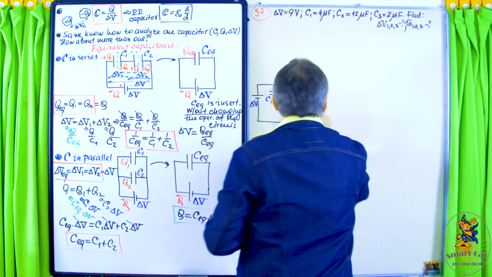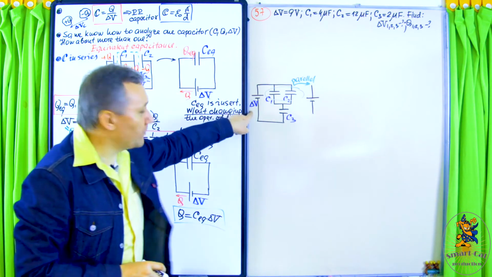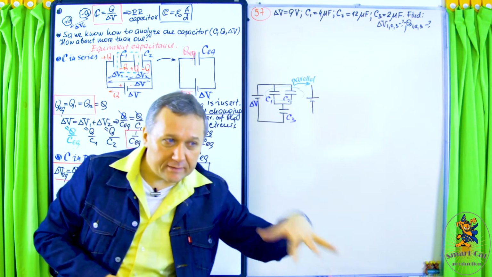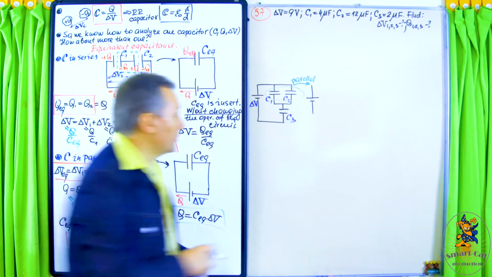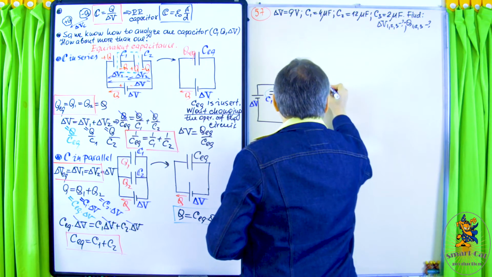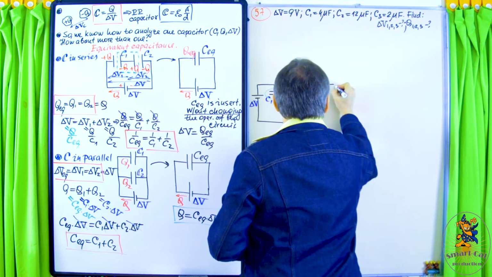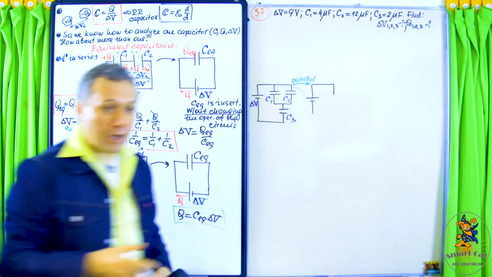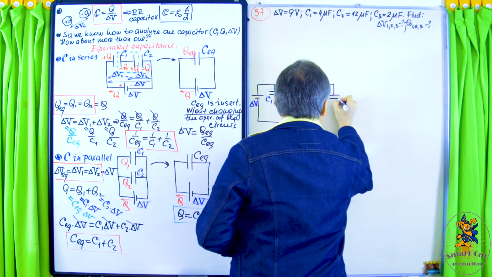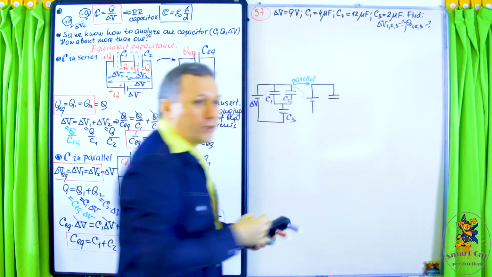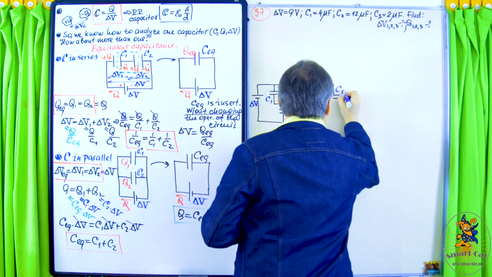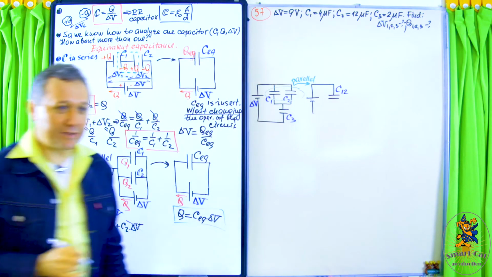Again, the rest of the circuit, in this case the battery and that capacitor, must work in exactly the same way. So we replace C1 and C2 with the first equivalent capacitor, which I will label C12.